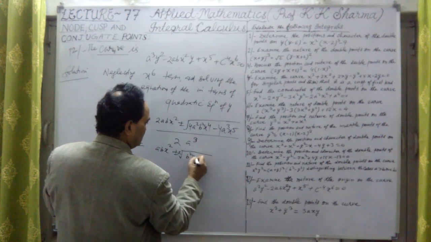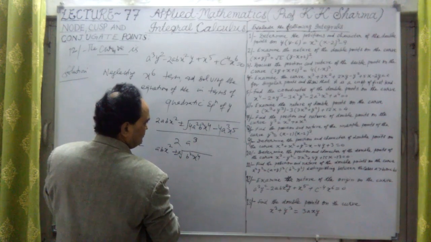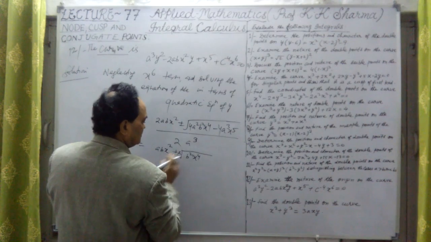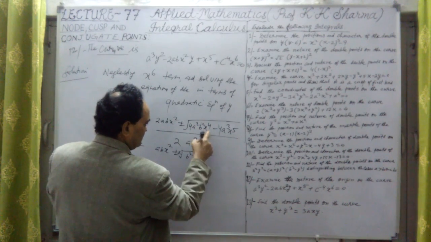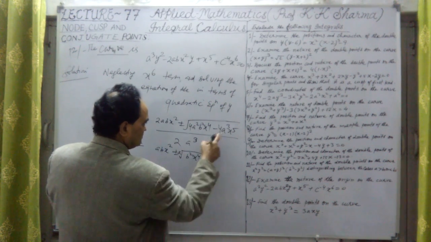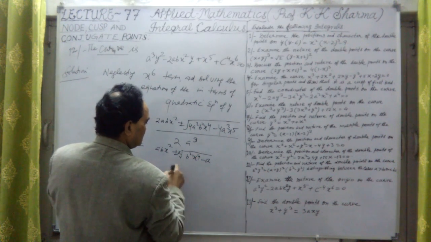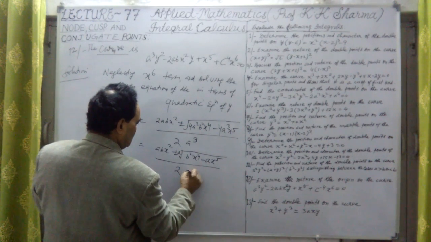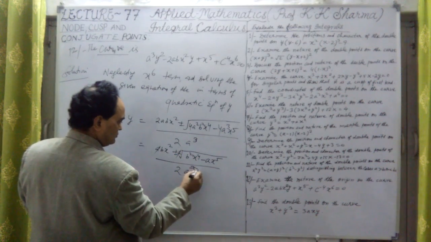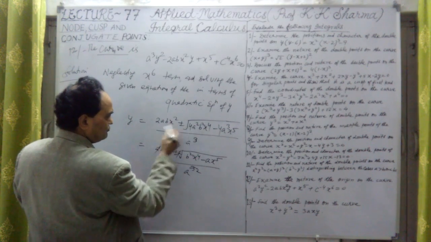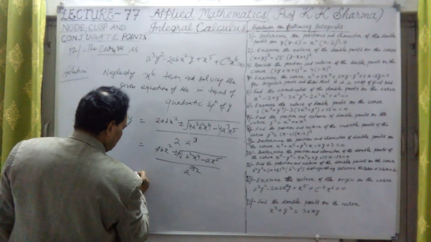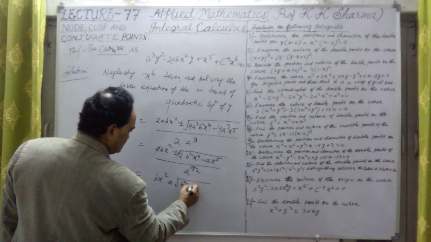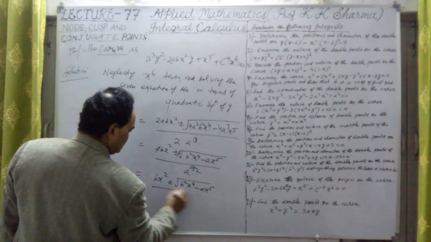It will be b²x⁴, minus a x⁵, divided by 2a², so the 2 is also cancelled out. The final value is y = (b x² ± under root (b²x⁴ − a x⁵)) divided by a.